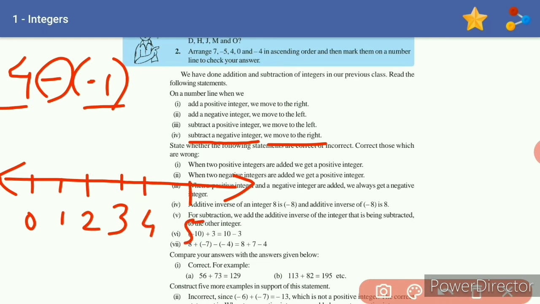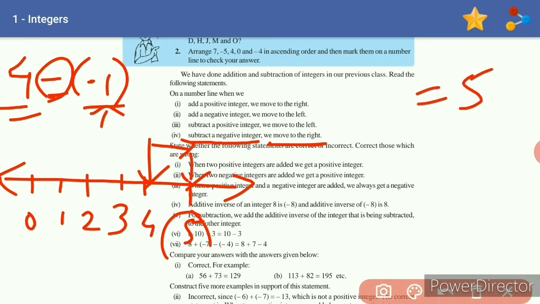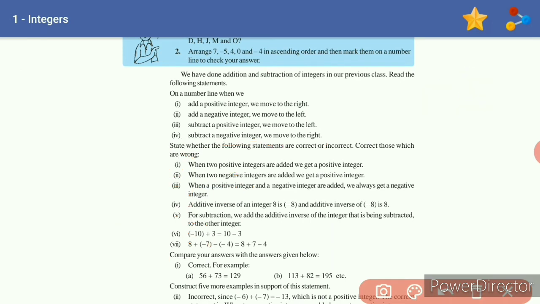First mark the number 4. Now we move to the right because we want to subtract a negative integer. The integer is 1, so we move 1 step to the right. So our answer is 5. So we have seen all four rules of adding and subtracting positive and negative integers.